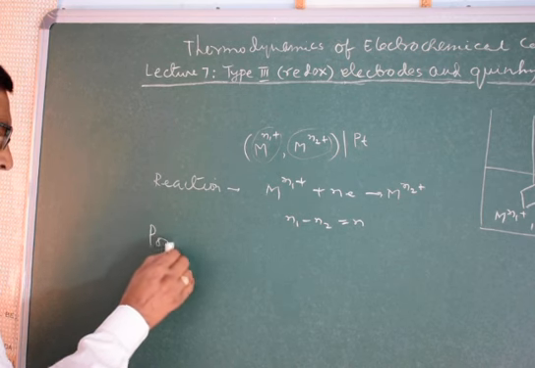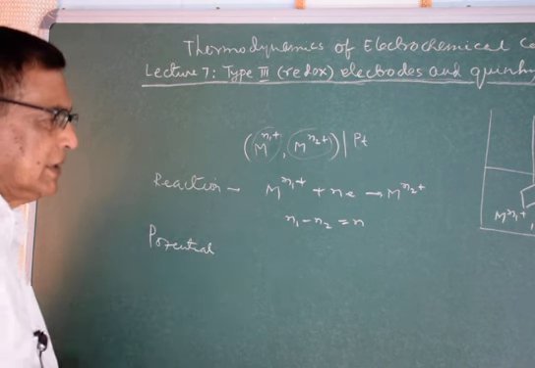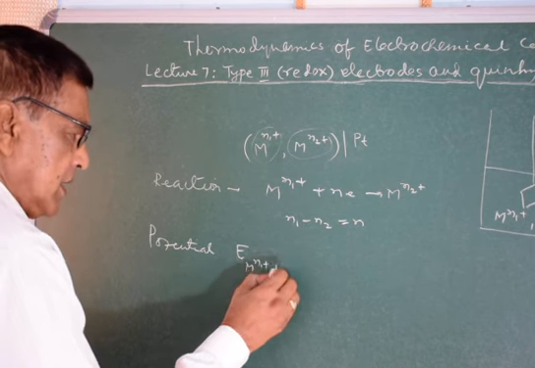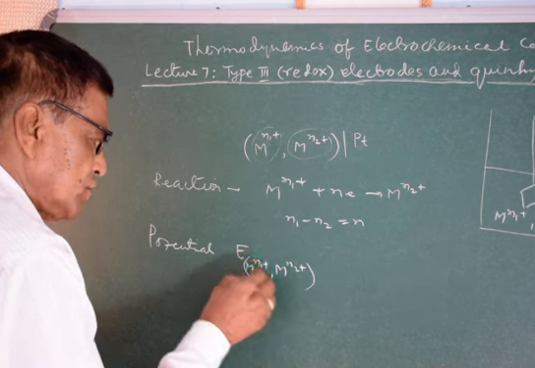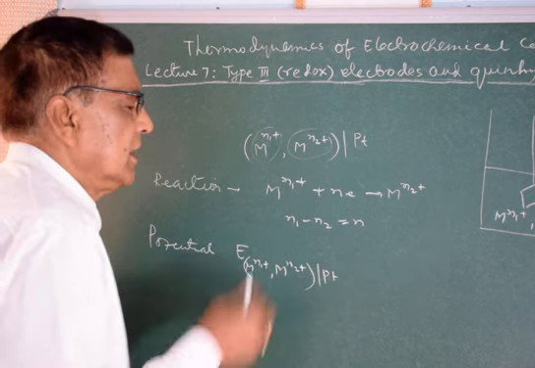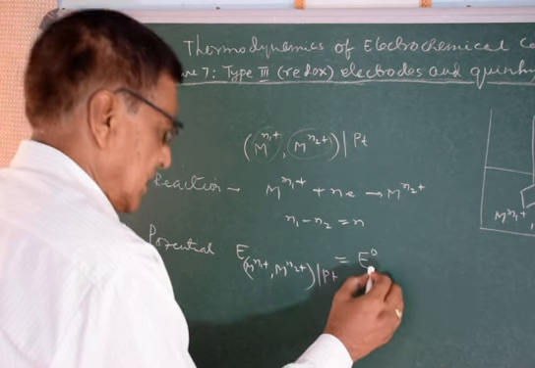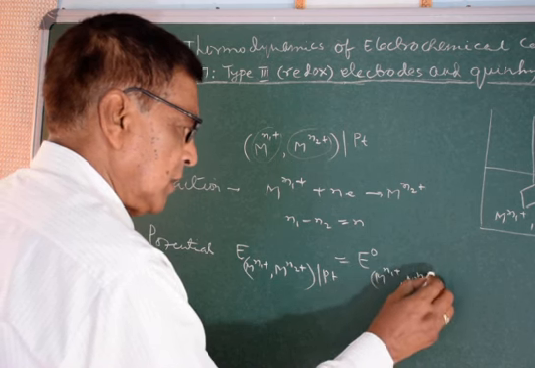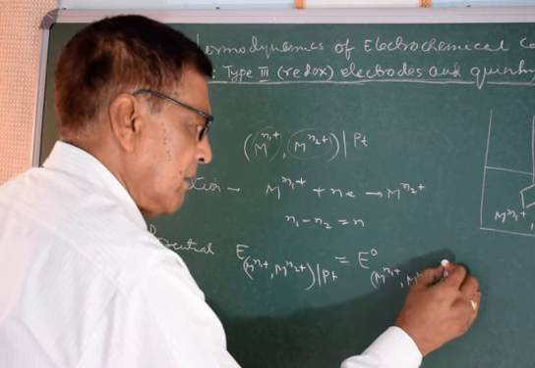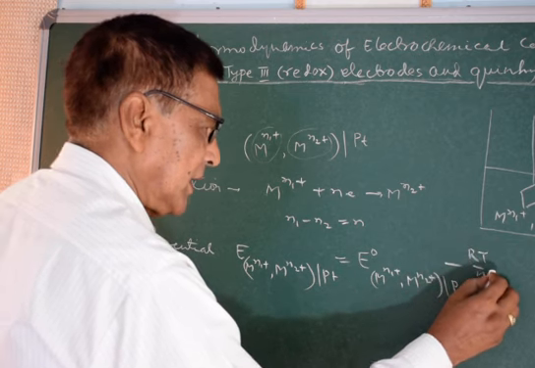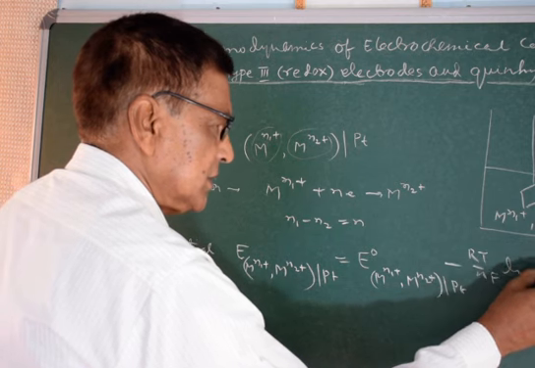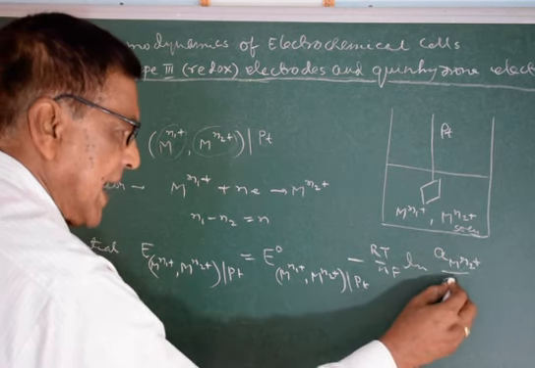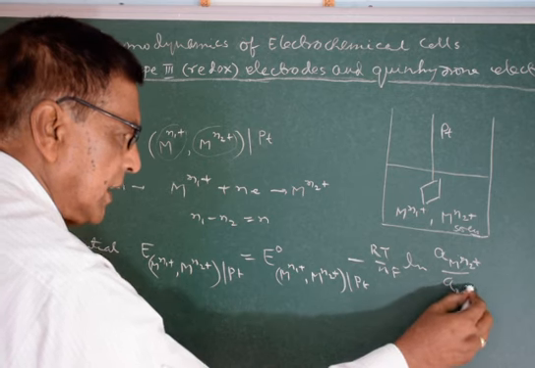So the potential of this electrode, Mn1+, Mn2+ in solution and the platinum plate, is equal to the standard potential E naught of Mn1+, Mn2+ and platinum, minus RT by nF ln of the activity of Mn2+ divided by the activity of Mn1+.